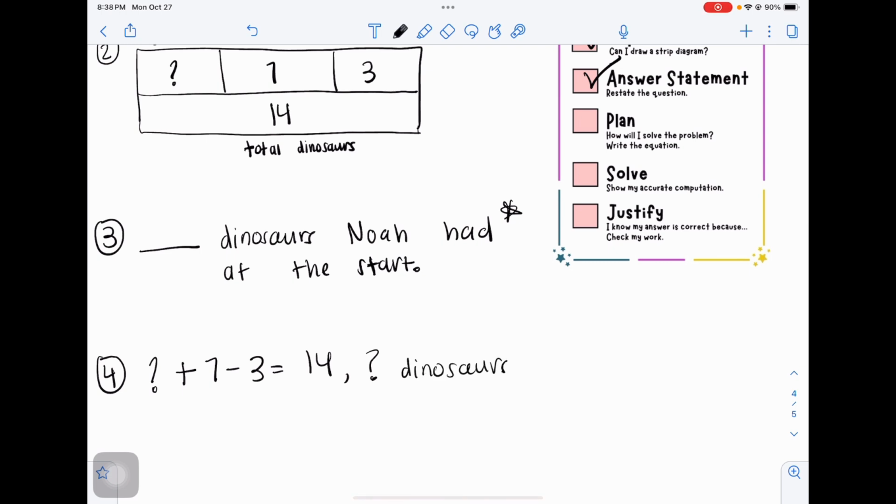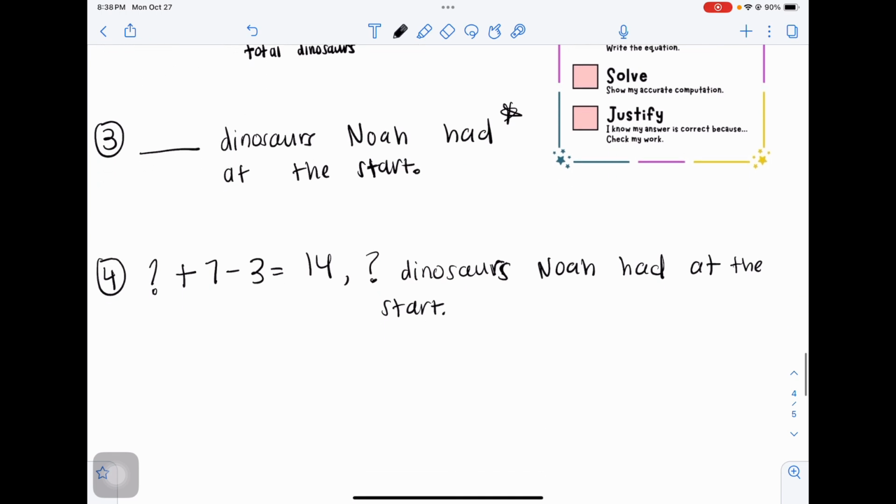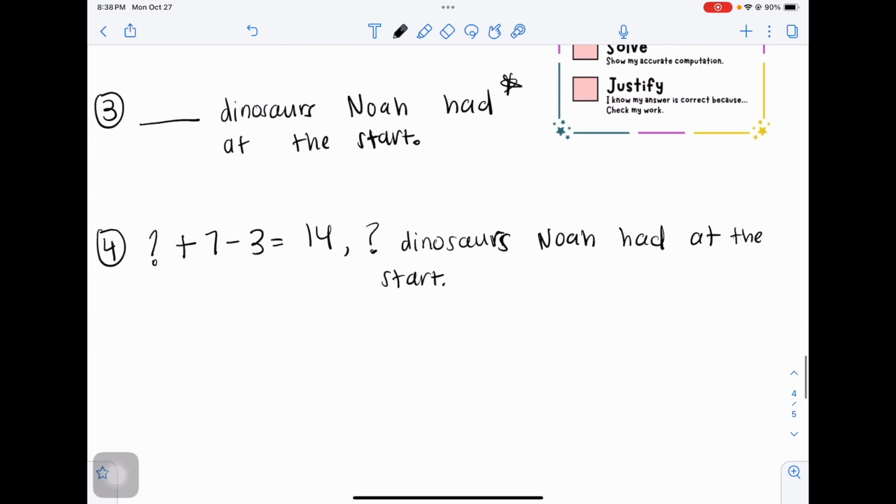Because we're trying to find how many dinosaurs he has in the beginning. Question mark dinosaurs Noah had at the start. Plan is done. Simple.